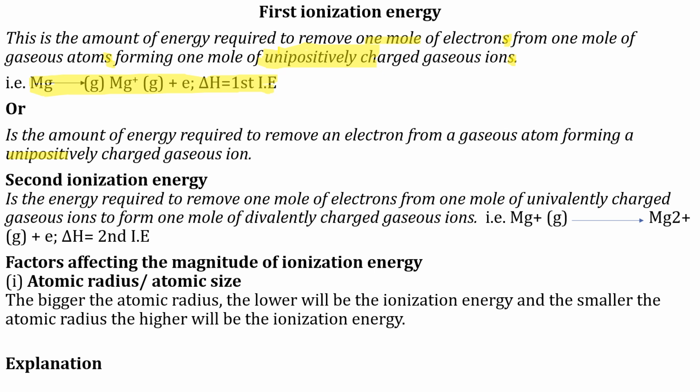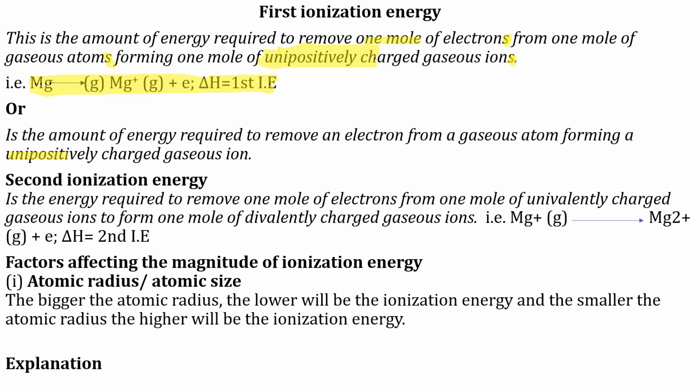Notice that in singular, we don't use gaseous ions, we use gaseous ion, and we don't use gaseous atoms, we use gaseous atom, and we don't use electrons, we use electron. So there are two. When you're using moles, always remember that everything must be plural. When you're using singular, always remember that everything must be singular.